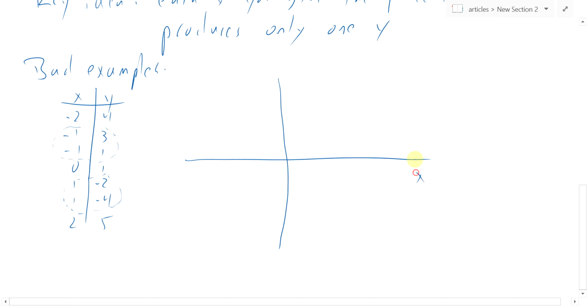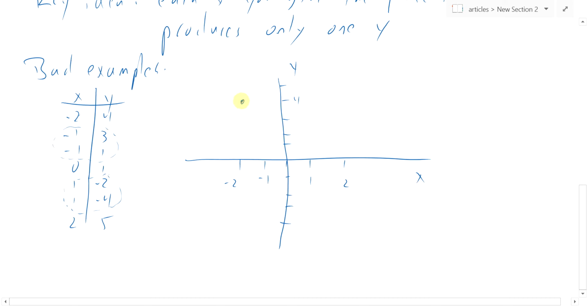Here's my x-axis, here's my y-axis. We'd have minus 2, we'd have minus 1. That's my y-axis. And 0, of course, and 1 and 2. If x is minus 2, we need to go up to 4 and down to minus 4. So if x is minus 2, y is 4, so 1, 2, 3, 4.